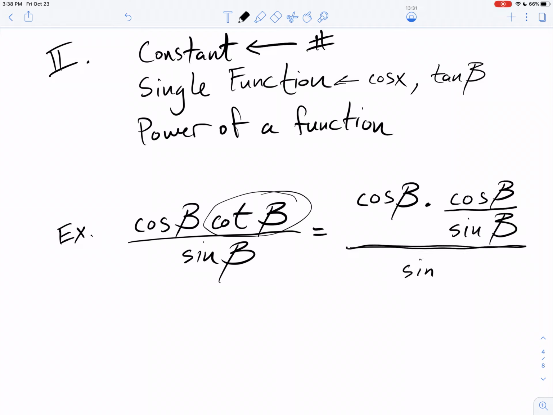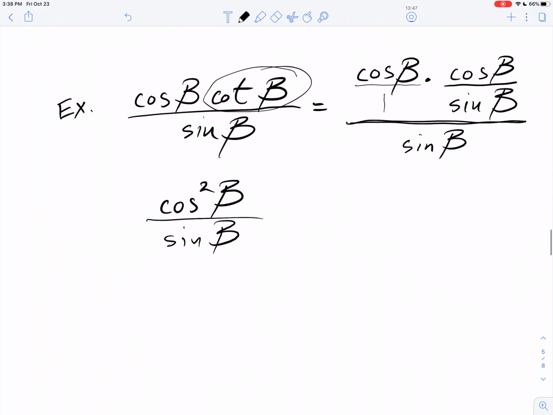But that's just the numerator of my fraction. This is still in the bottom. Well, you know what? Let's try and make this a little prettier. I'm going to say this times the top times, so I get a cosine squared beta over a sine beta. That's what I get in the top, but don't forget, we have this guy down below.